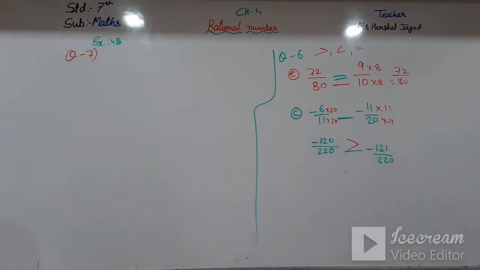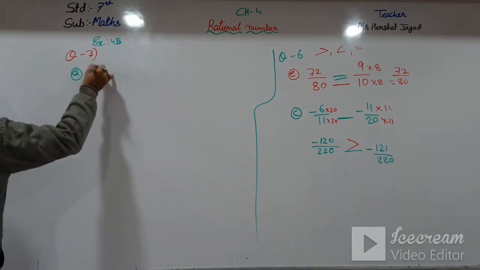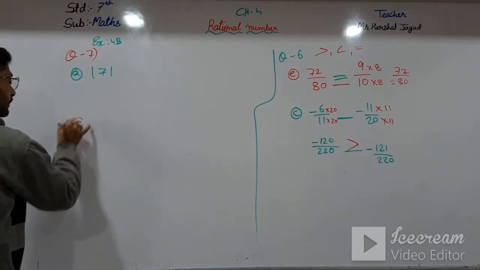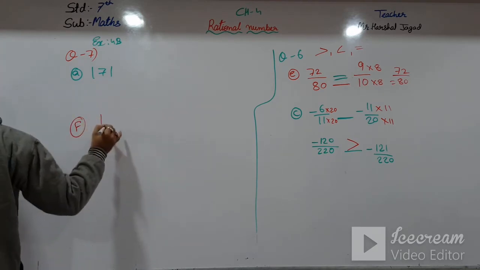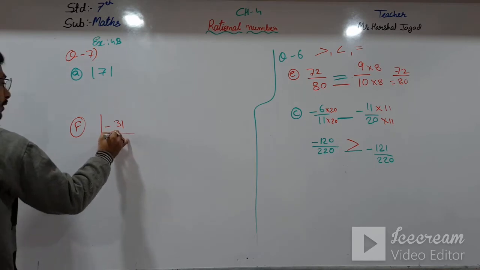In that we will do A, that is 7, and another one we will do is F, that is minus 31 upon 49.